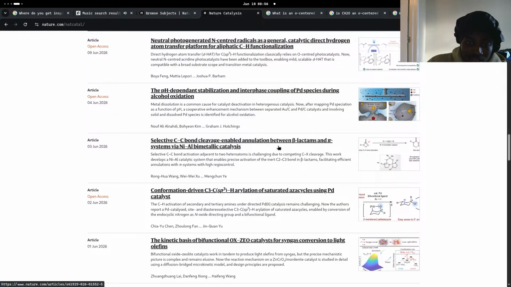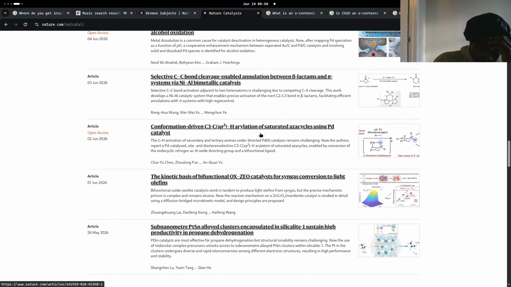I'm not terribly interested in this, honestly. Is catalysis something I really want to do? I don't think it's something I would want to do that much.